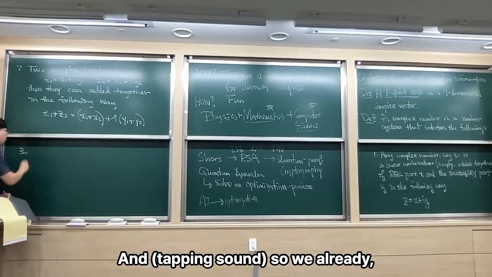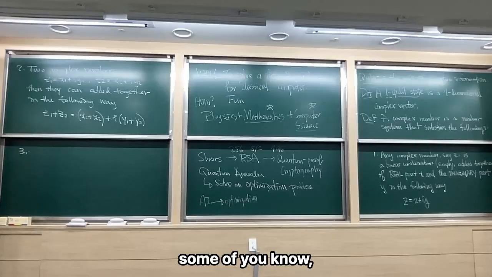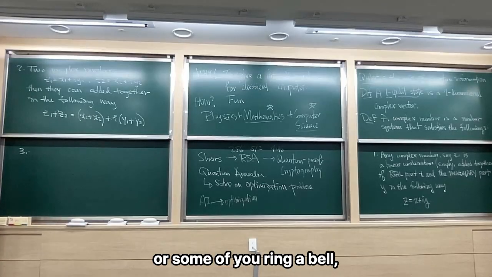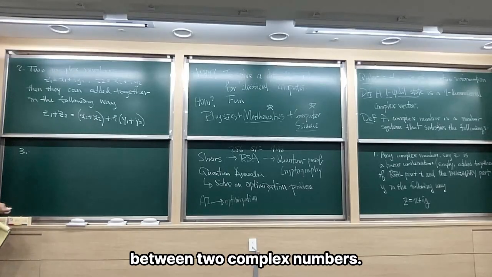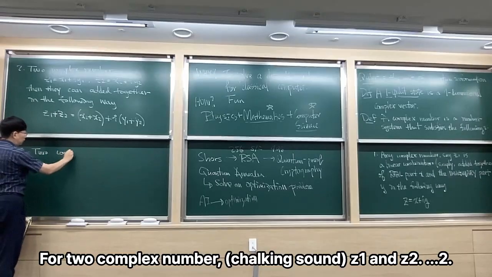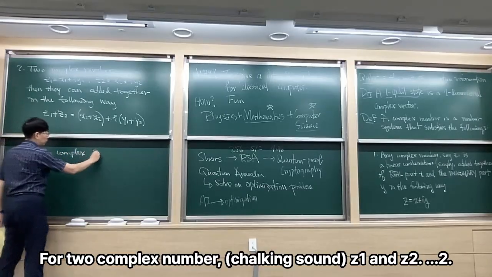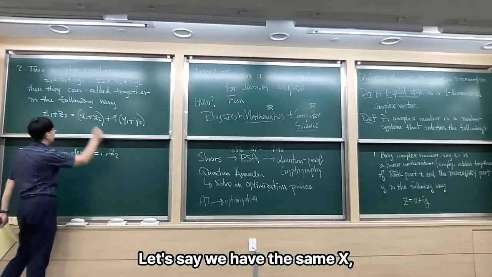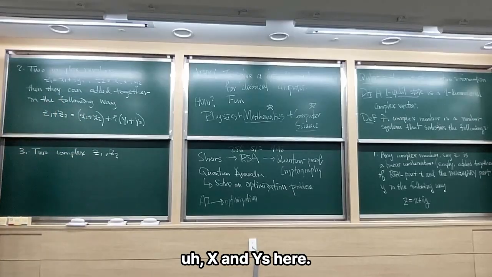And so already some of you know, or it rings a bell, you have a multiplication between two complex numbers. For two complex numbers, z1 and z2, let's say we have the same x's and y's here.